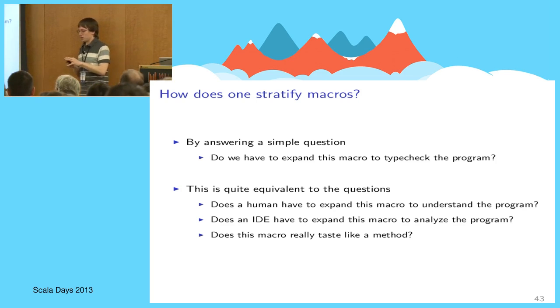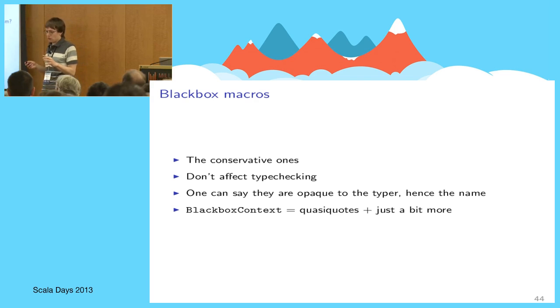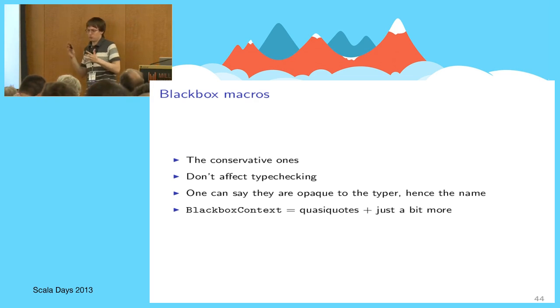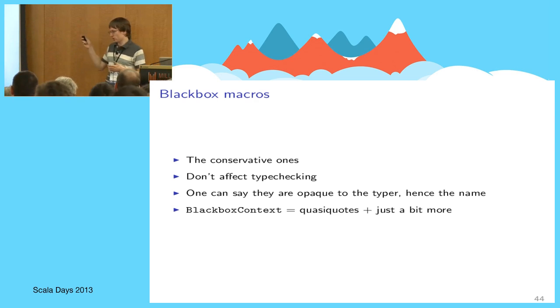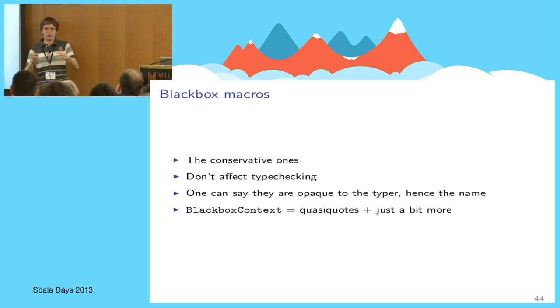We split macros into black box ones and white box ones. Maybe you've heard this stuff, maybe you've overheard some conversation, or maybe you've been sifting through Scala internals. But anyhow, here's what they are. Black box macros don't need to be expanded for the program to type check. And therefore, they're opaque to the typer, hence the name black box.